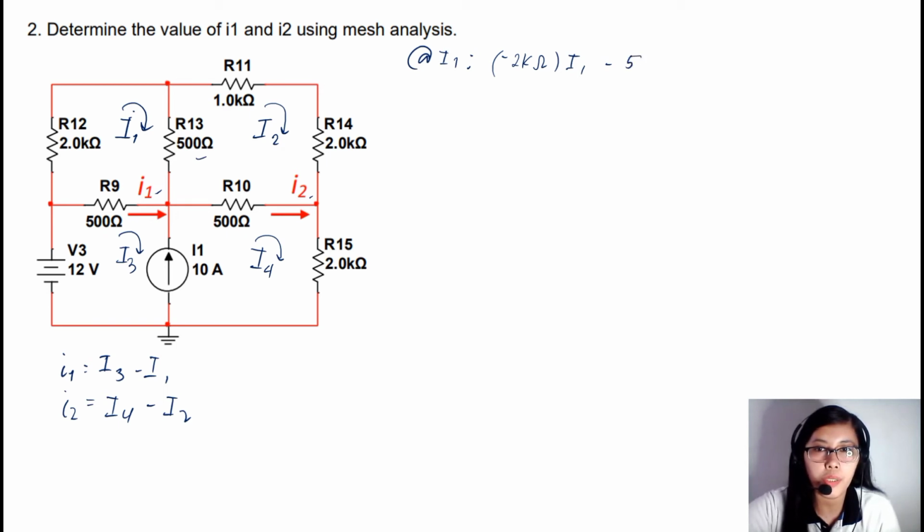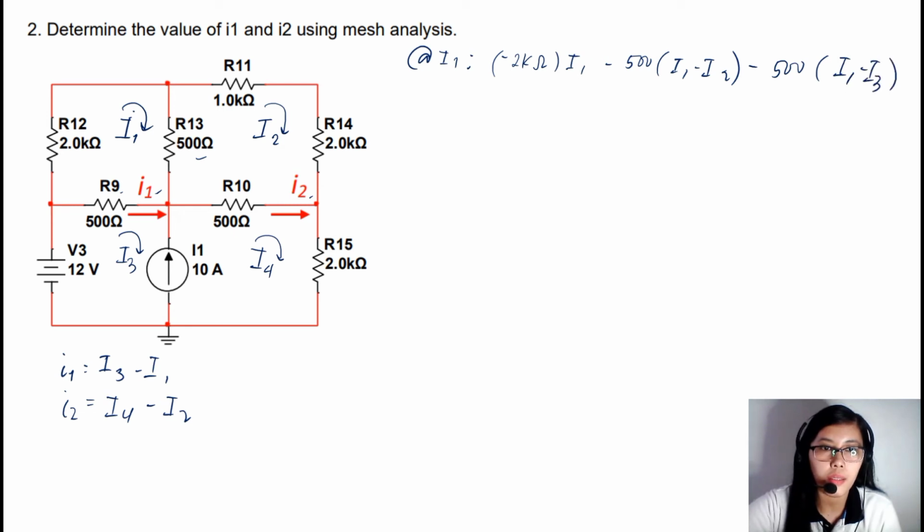We have two currents flowing through this resistor, I1 and I2. Then for the 500 ohm R9, we also have two currents, I1 and I3. Equate them to 0 since we don't have any voltage source in that mesh.